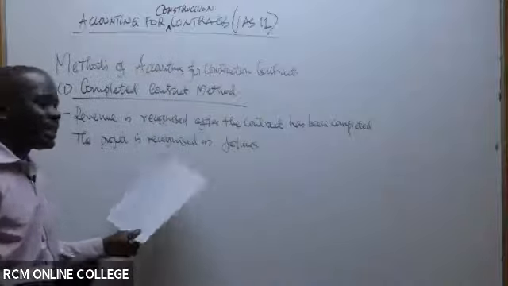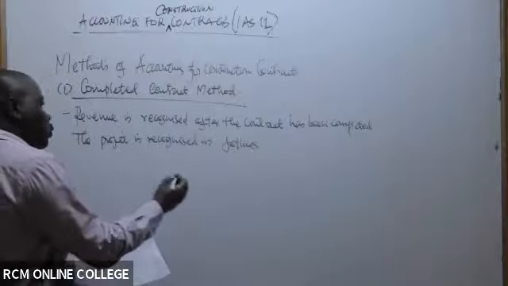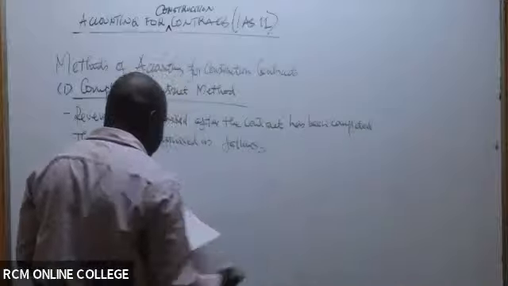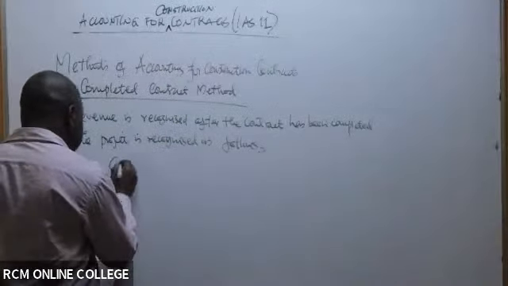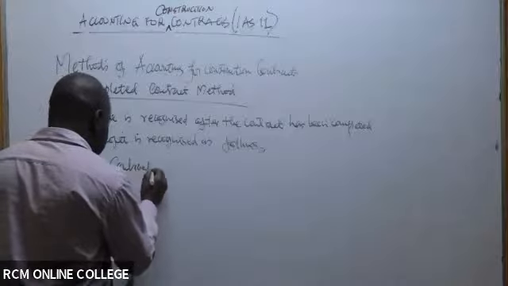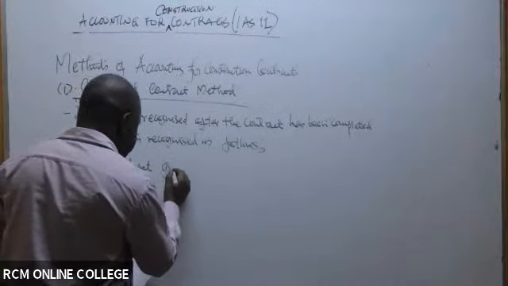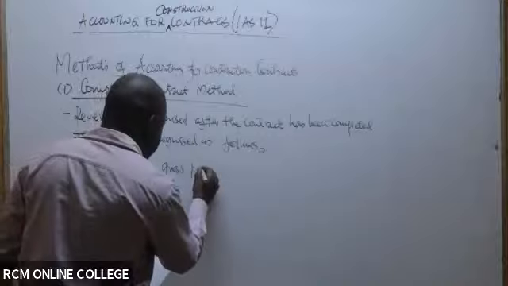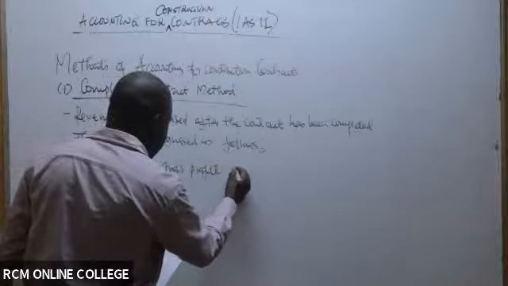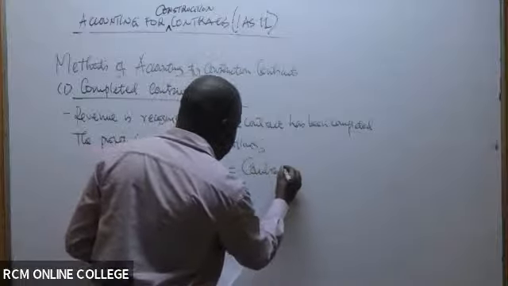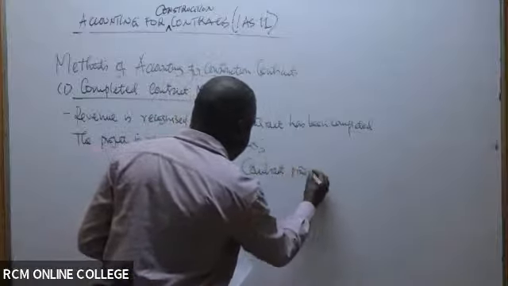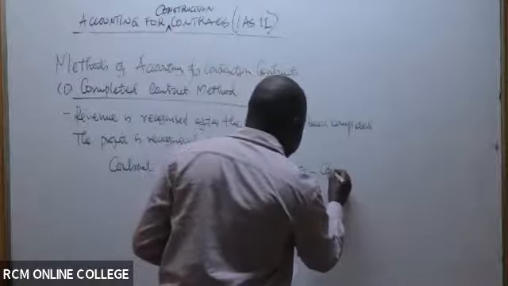So under the completed method, as I've explained earlier, for you to know your profit, the contract gross profit is equal to the contract price, you minus the contract costs.